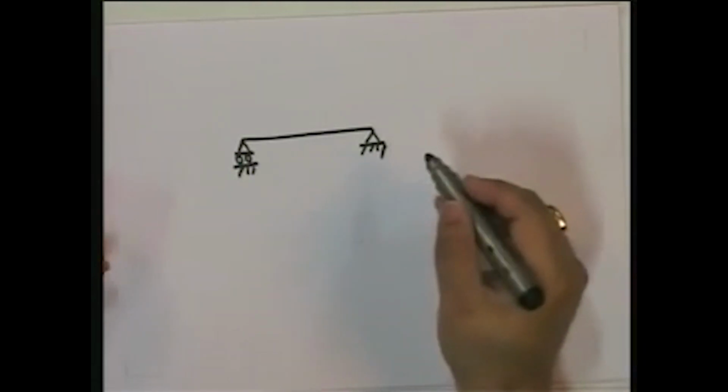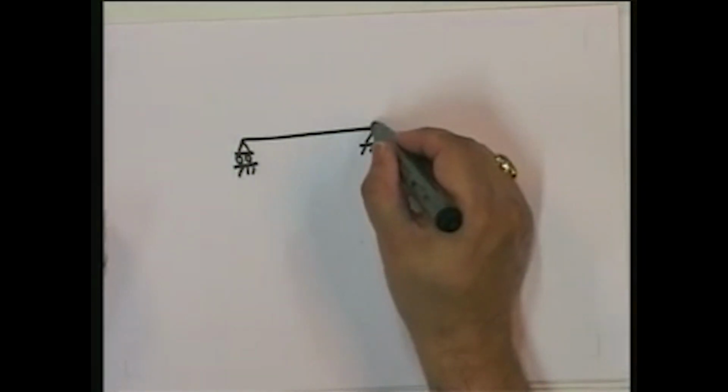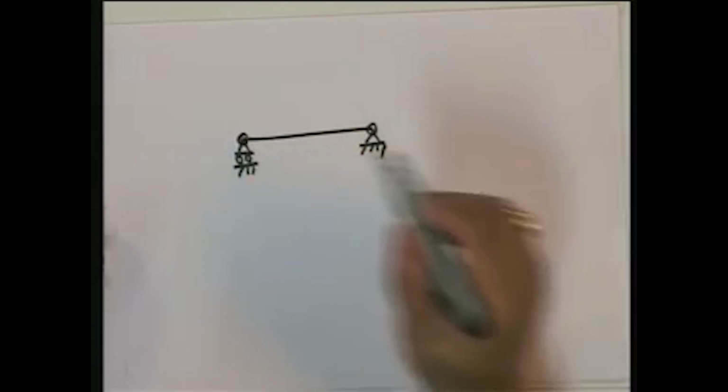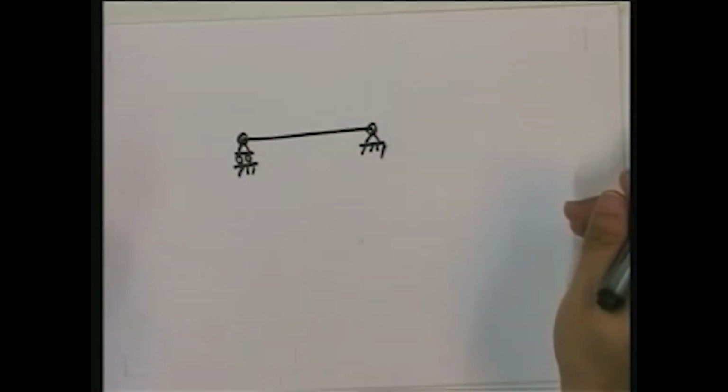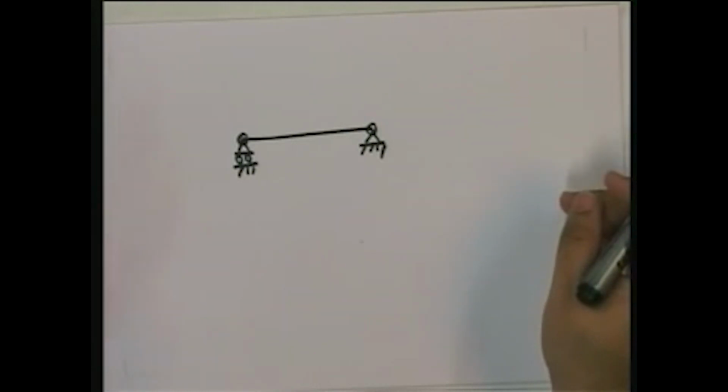Now note, you will say, well, there are 2 joints, 2 nodes in the structure, right? And you can say, well, why don't we use the same thing as the truss? Every node, for it to move in the plane, will have 2 degrees of freedom. And 2 nodes, 2 degrees of freedom.